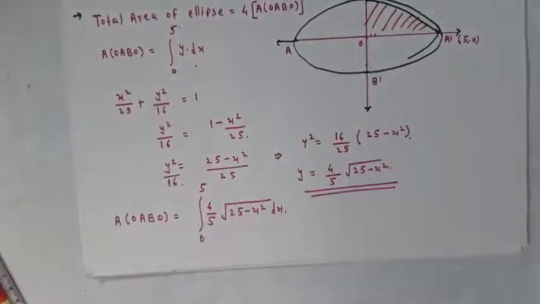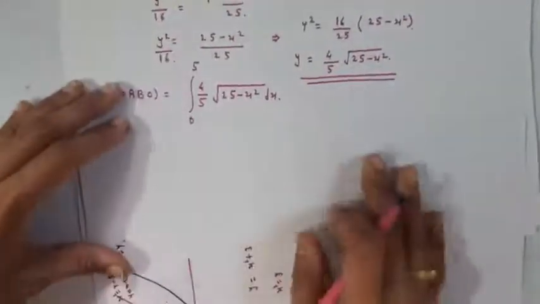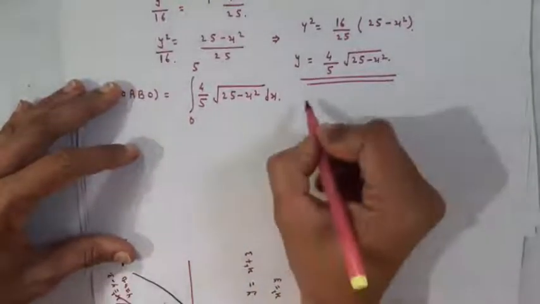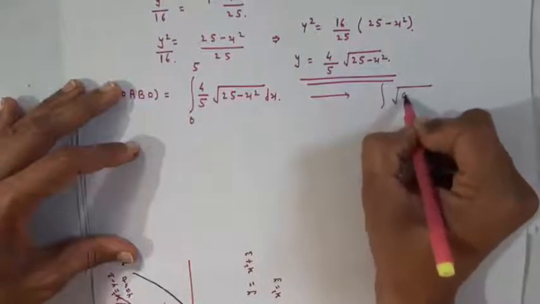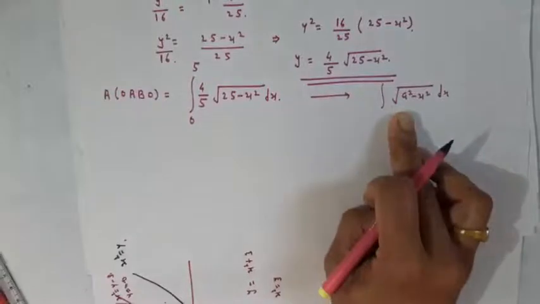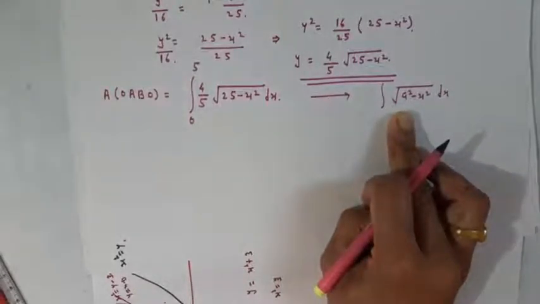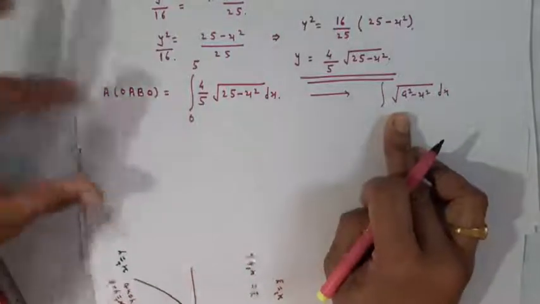Okay, and now its integration is, by using the formula for integration of square root of a square minus x square. Its integration is x by 2 square root of a square minus x square plus a square by 2 sine inverse of x by a.